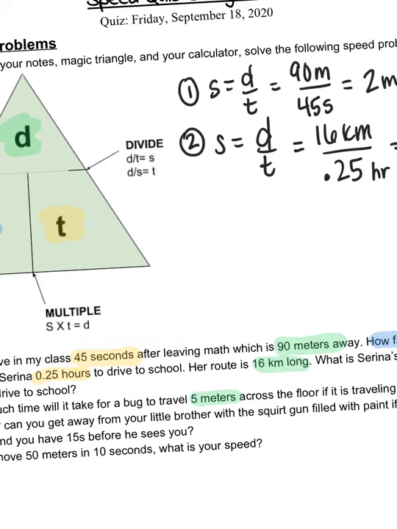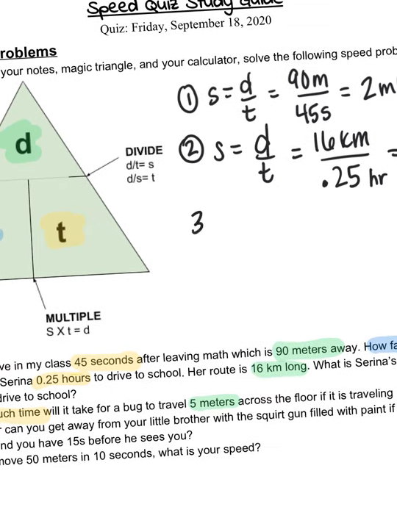Now, we have a little bit of a different issue here, right? What are we trying to find? The time. Yeah, we're trying to find the time. So if we're trying to find time, we're going to cover up time. So what is our formula?